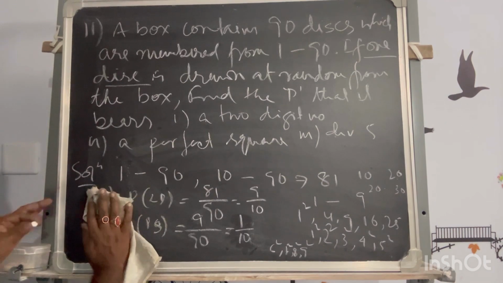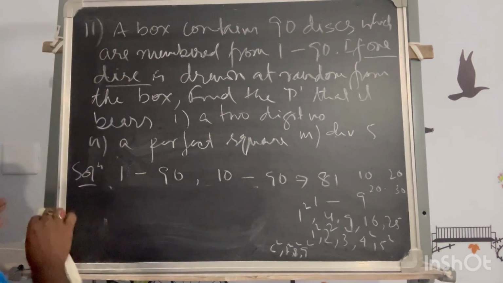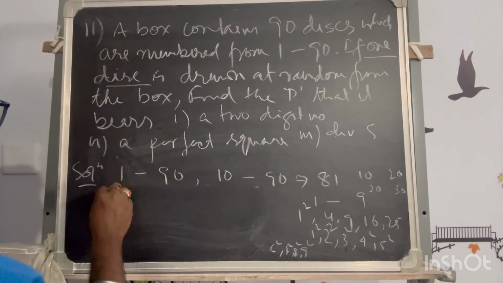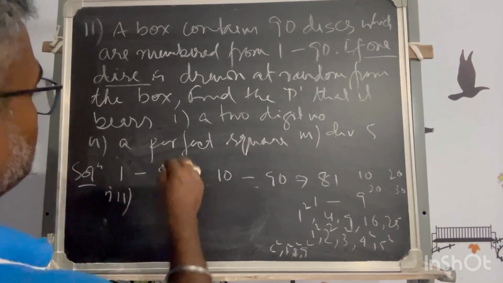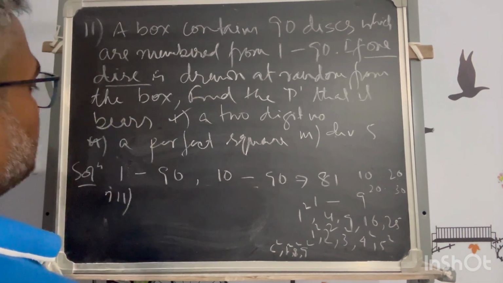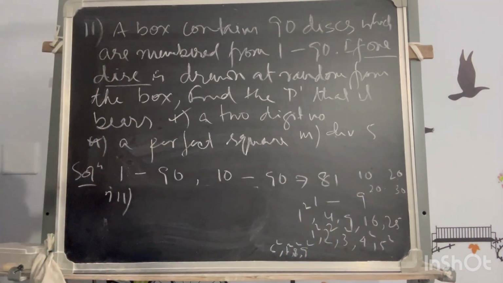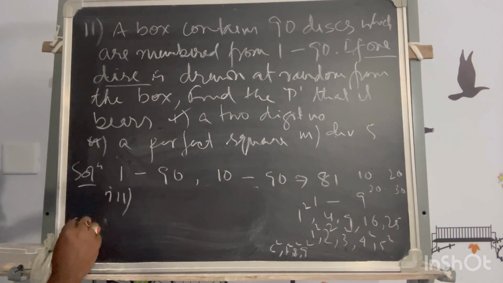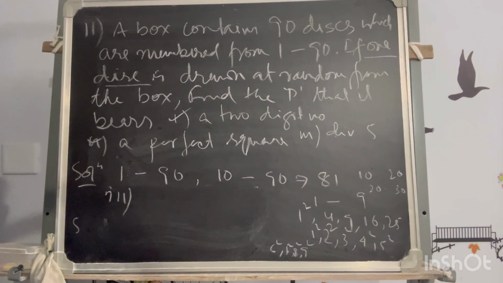Now the last one is getting a number divisible by 5. Divisible by 5 means 5 is the least number divisible by 5, so any multiple of 5 up to 90 will be divisible.